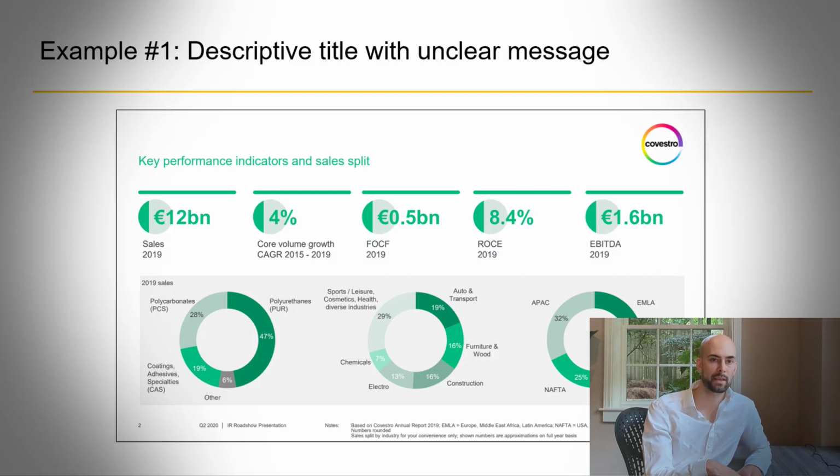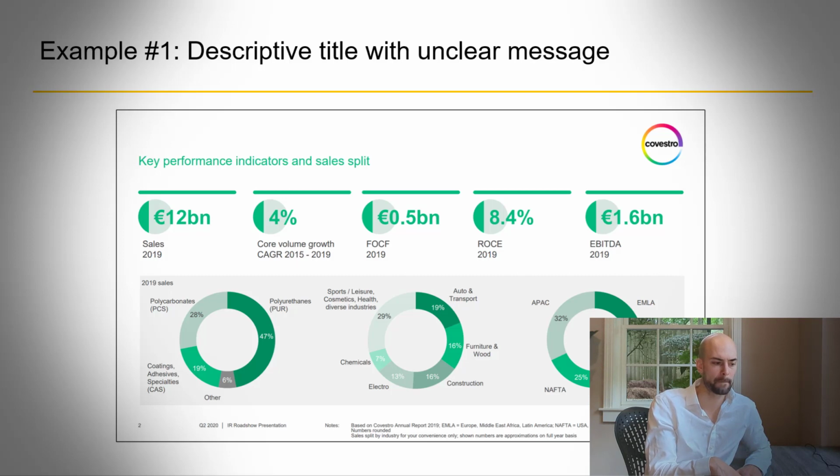This is a perfect example of a descriptive title. It describes what you see on the slide, the type of information and the type of KPIs, so performance indicators and the sales split, sales by region, product, etc. But it doesn't tell you what the message of the slide is.